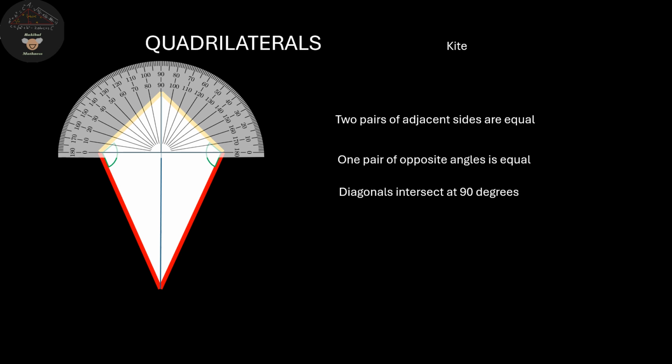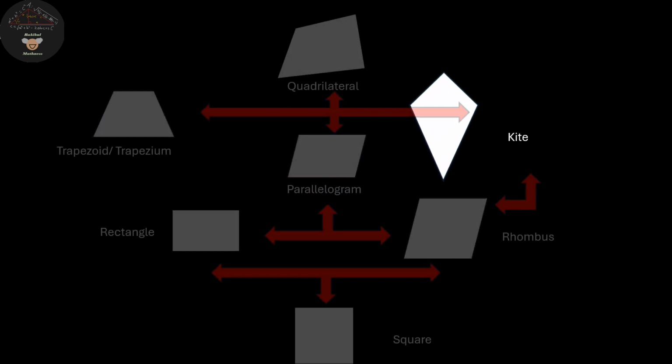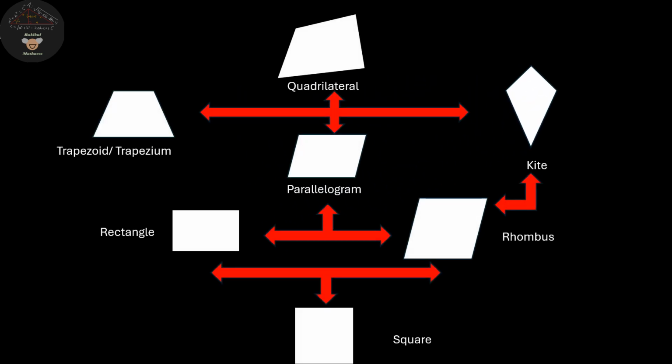Next, we've got the quadrilateral family tree. So basically, anything that's under it is it, which I'll explain in a few minutes. Basically, a trapezium, a parallelogram, and a kite are quadrilaterals, and rectangles are parallelograms.